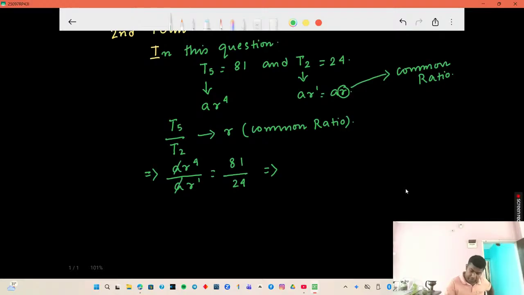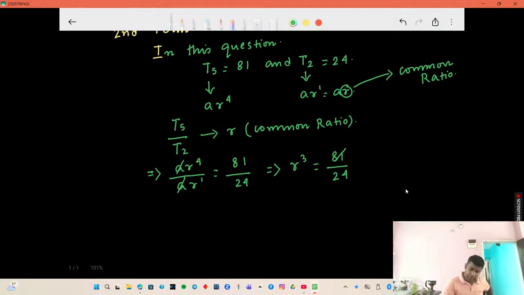A cuts, then r cube is equal to 81 by 24. So now we can write here, if we cut 81 by 3, it will come 27, and if we cut 24 by 3, it will come 8, so it is 27 by 8. So the value of r cube is 27 by 8. From here we can find the value of r easily.